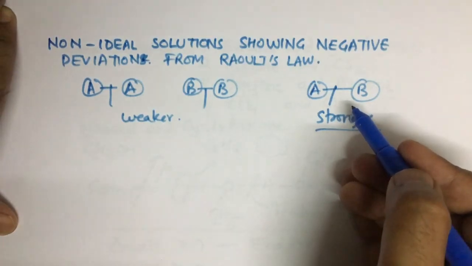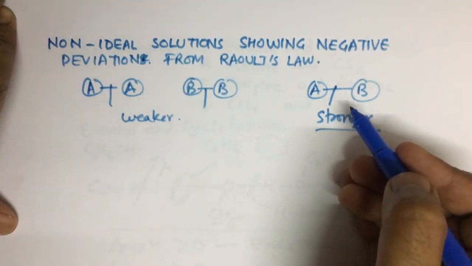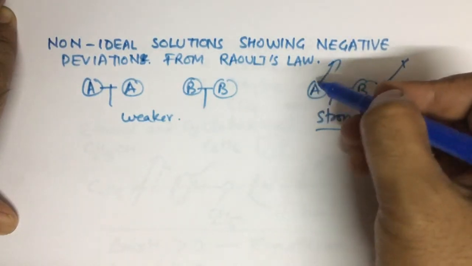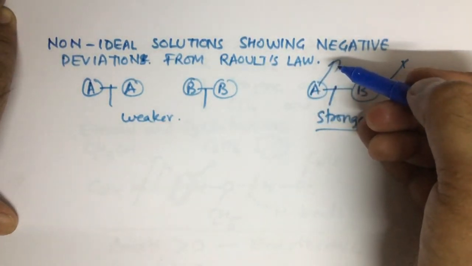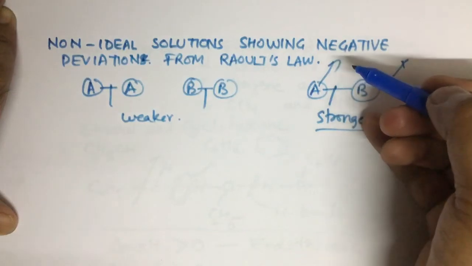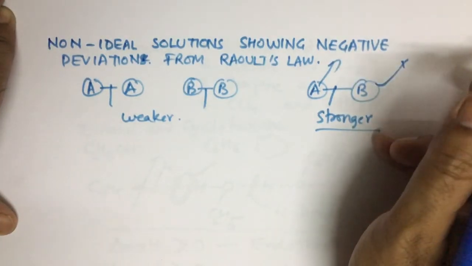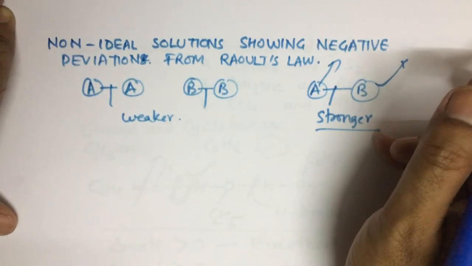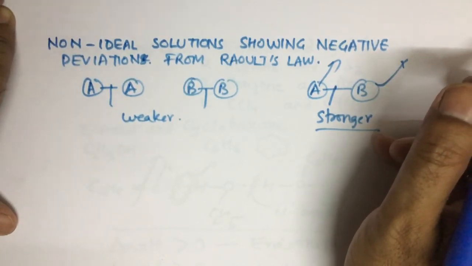Due to stronger AB interaction, the escaping tendency of A and B from liquid phase to vapor phase becomes less than that from pure liquid. Consequently, each component of the solution has a partial pressure less than expected on the basis of Raoult's law.